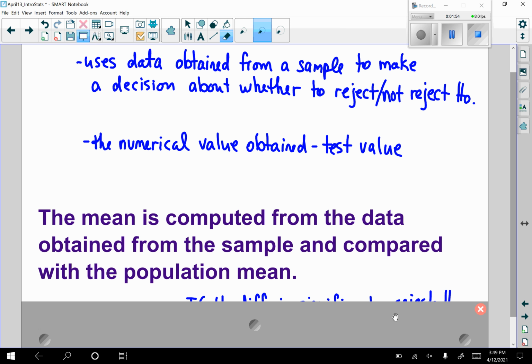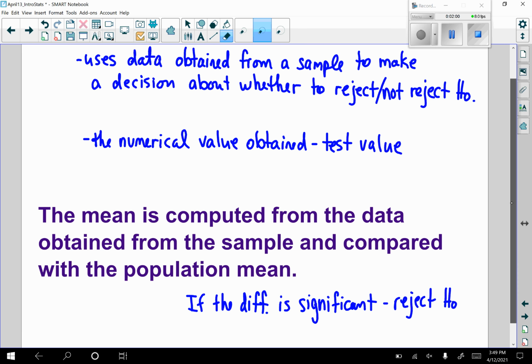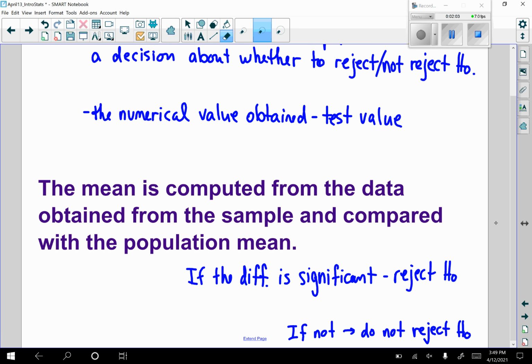So the mean is computed from the data obtained from the sample and compared with the population mean. If the difference is significant enough, we reject the null hypothesis. If not, we do not reject the null hypothesis. So this is all going to help us with that step 4 of our hypothesis testing.